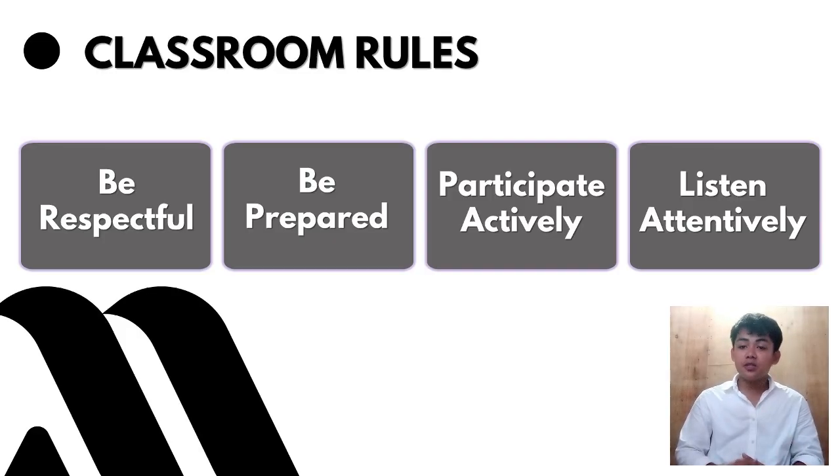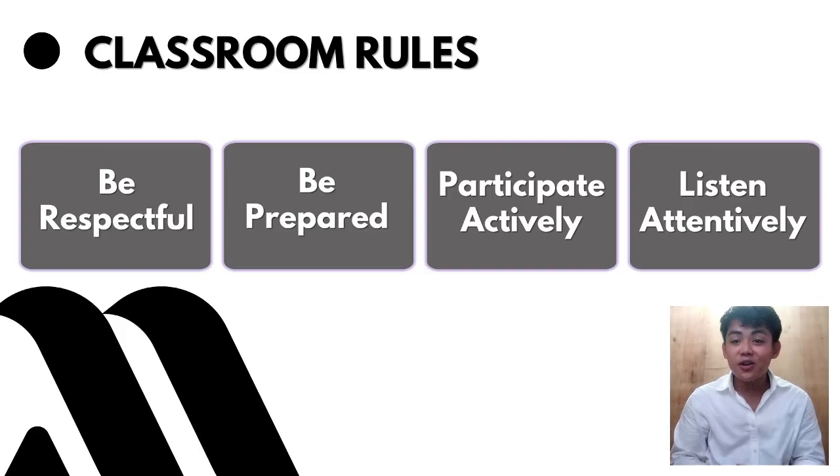Third is to participate actively. Whenever we have a discussion or activity, you should participate so that you learn better. Lastly, is to listen attentively so that no information is left unheard whenever I'm discussing here in front.